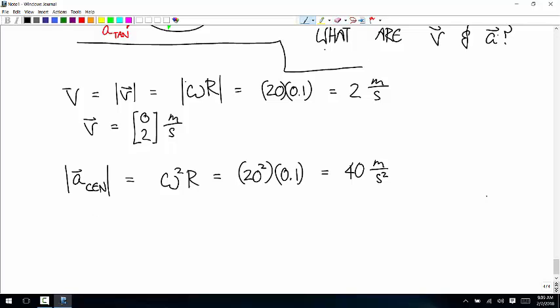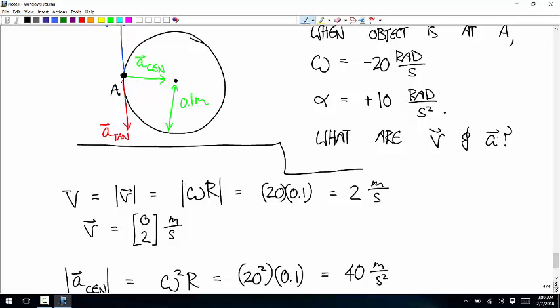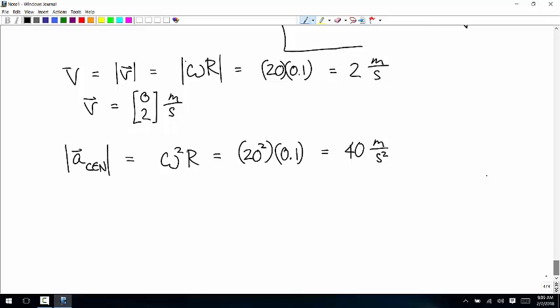We're doing the centripetal acceleration. The centripetal acceleration is towards the center. That's the positive x direction. So the centripetal acceleration vector is 40, 0 meters per second squared. And now we can do the tangential.